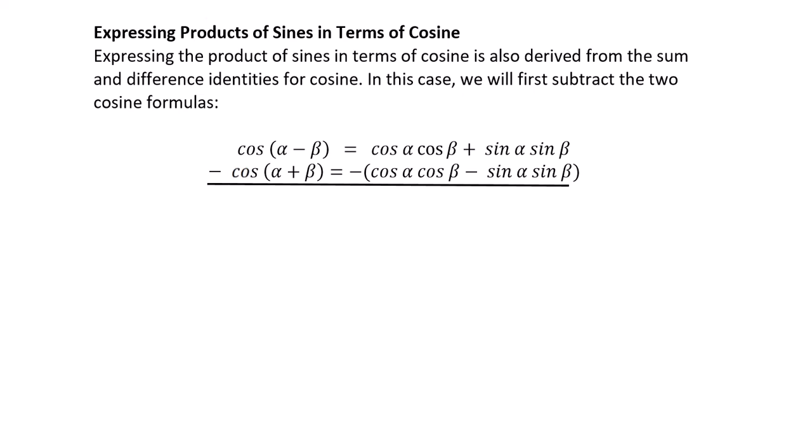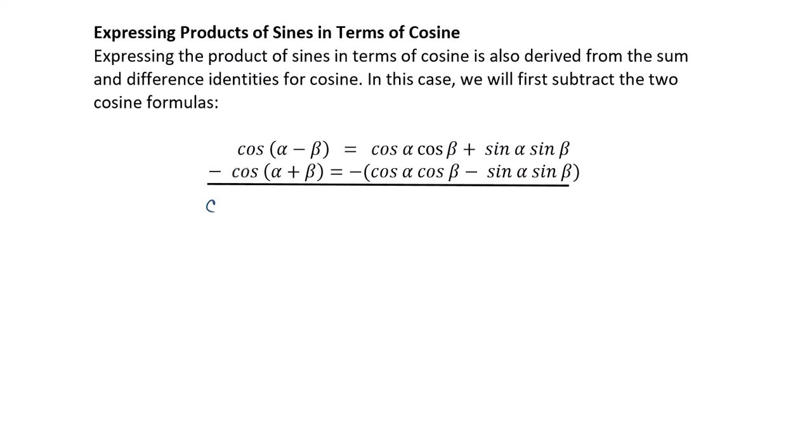Expressing products of sines in terms of cosine. Expressing the product of sines in terms of cosine is also derived from the sum and difference identities for cosine. In this case, we will first subtract the two cosine formulas.